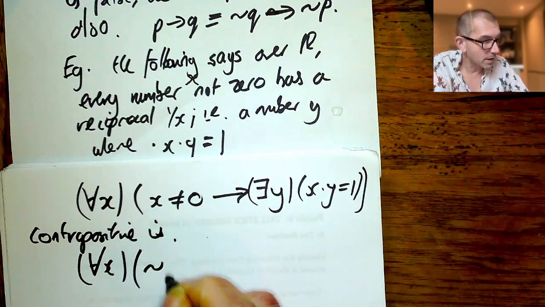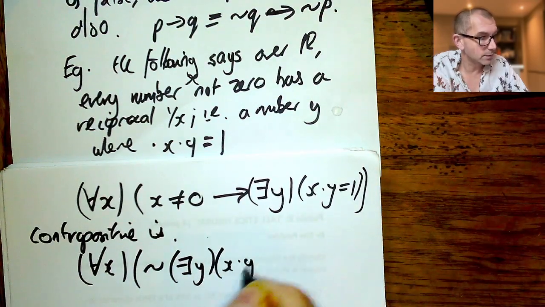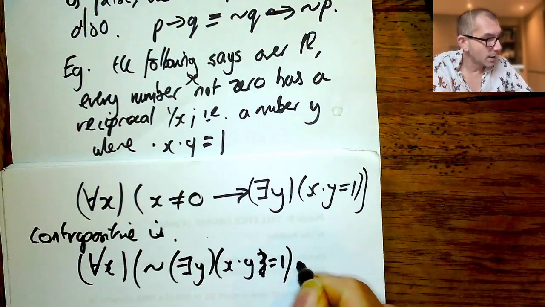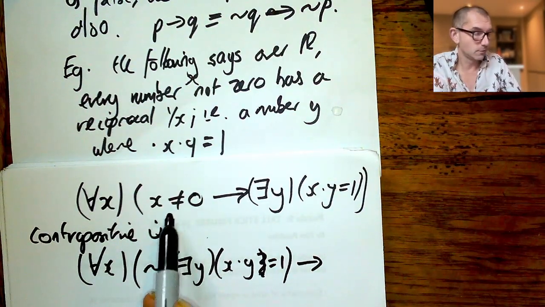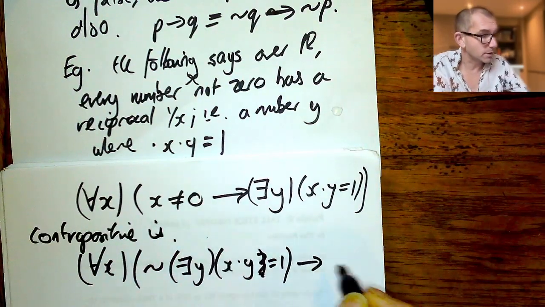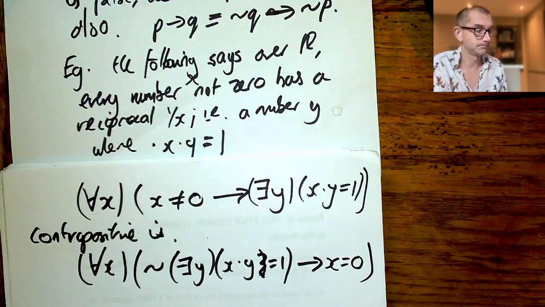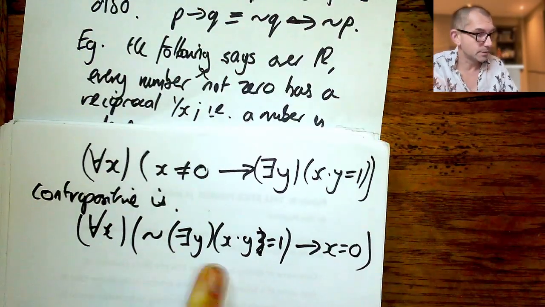So it's the same as not of there exists y such that x times y equals 1, that implies the not of this. Right, so I'll just write that down. If x is not equal to 0, then x is equal to 0. Okay. This does make sense.